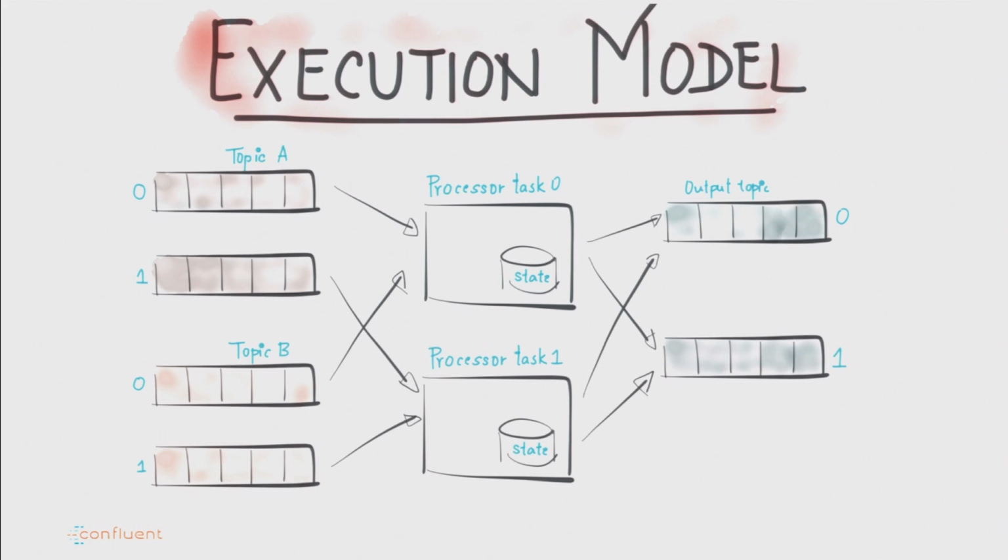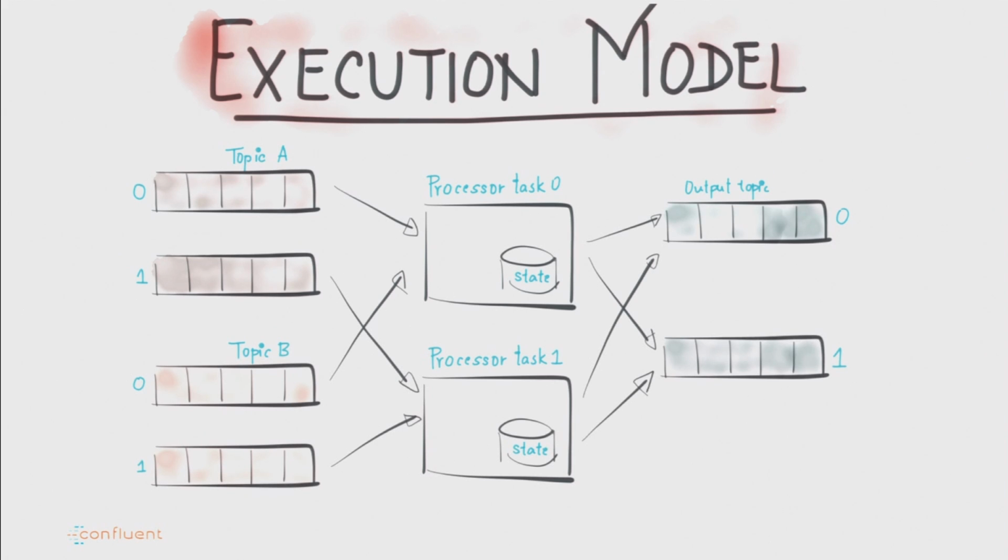However, we can also get automatic scaling up and down. If we ask it to run 2 tasks in this case, what will happen is that the load balancing happens according to the input topic partitions. So we have multiple topics that we're reading from. Let's say in this case that we actually want to join data from topic A and topic B. In that case, they have the same number of partitions, and we balance the load between processor task 0 and processor task 1 so that the input partitions are balanced across them, which should approximately balance the total amount of data.